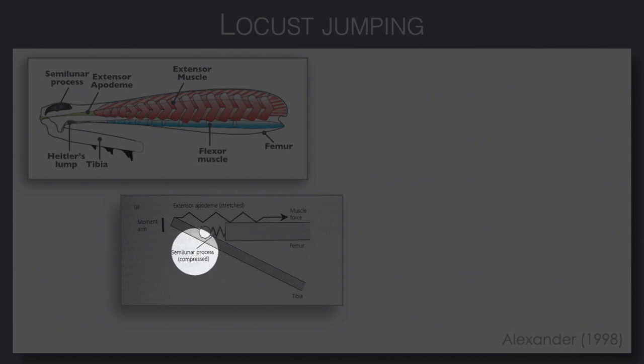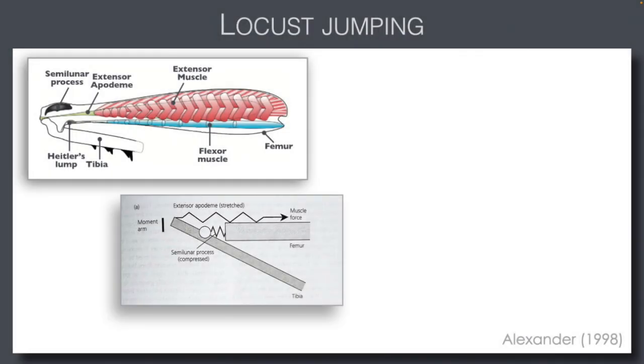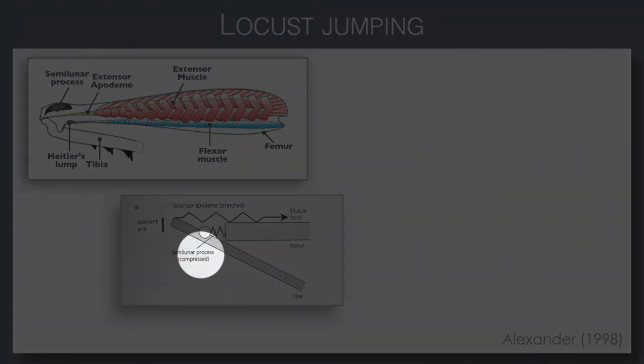Here, this is what the semilunar process provides, the reason being that their tendons are very stiff. It's called an apodeme. Vertebrates have this ability to just store elastic energy in our tendons, which are directly attached to muscles. Invertebrates, such as the locust, do not have that. But the semilunar process is actually even more resilient than tendons are.